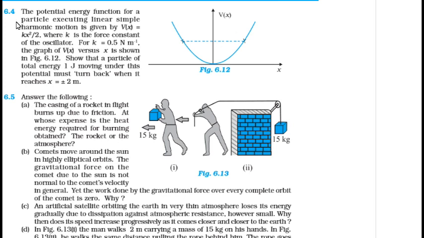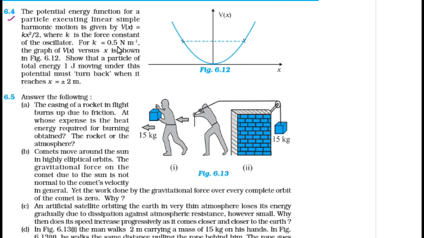Now, let us see question number 6.4. The potential energy function for a particle executing linear simple harmonic motion is given by V(x) is equal to kx square by 2, where k is the force constant of the oscillator.